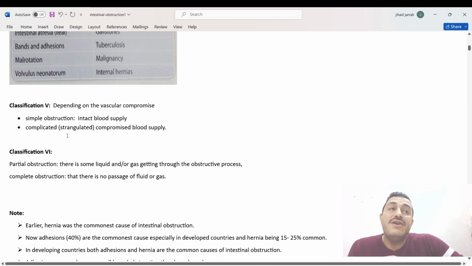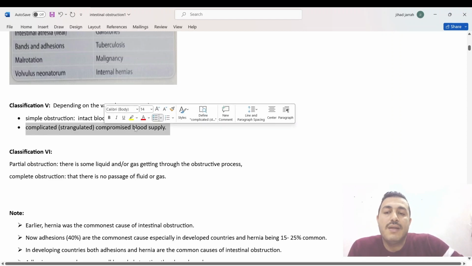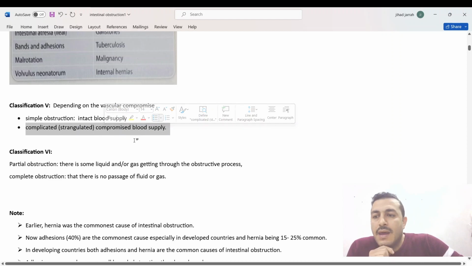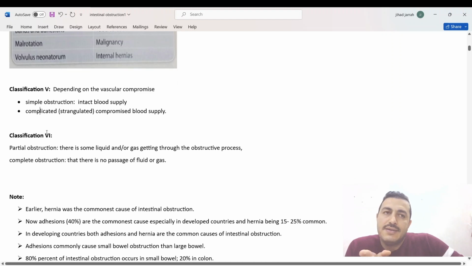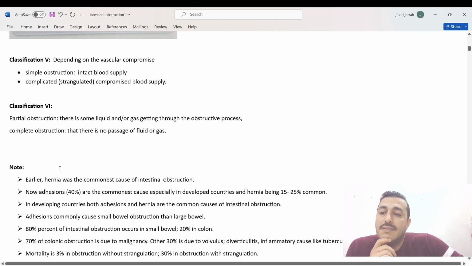Strangulated means there is diminished or compromised blood supply. Sometimes they include the closed loop obstruction as a complicated, strangulated cause of obstruction. Some literature includes the closed loop in this classification. So simple means intact blood supply, while complicated means compromised blood supply.